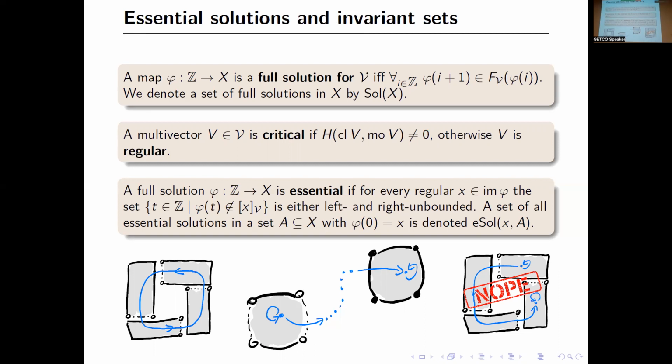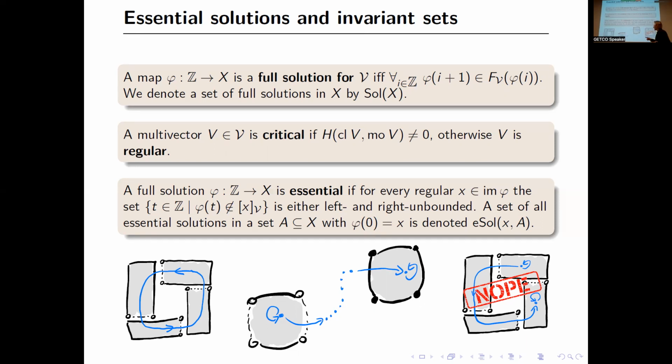But we distinguish a special kind of solutions, which we call essential solutions, because they capture the essential part of the dynamics that we observe here. Basically, an essential solution means an infinite solution that does not stay for an infinite time, either in the future or in the past, in a single regular multivector.